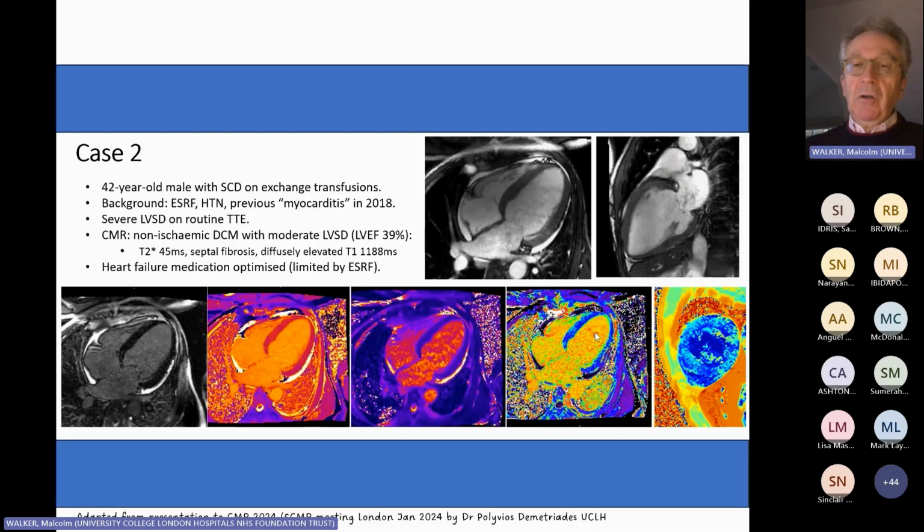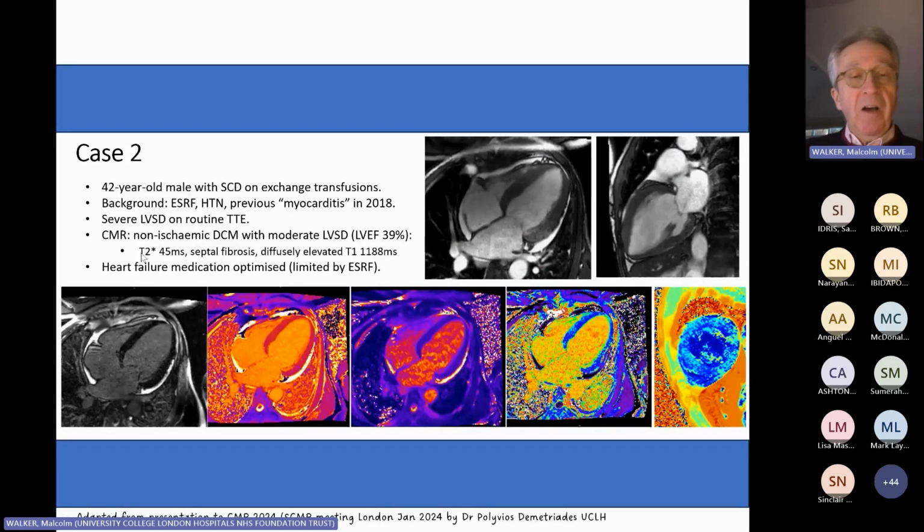When we try to look to the cause of this, it's a non-ischemic form, and that's what we get from these different mapping studies. There is no iron. The T2 star is 45 milliseconds. He does have some septal fibrosis, and the diffusely elevated T1 tells us that there is some interstitial edema.